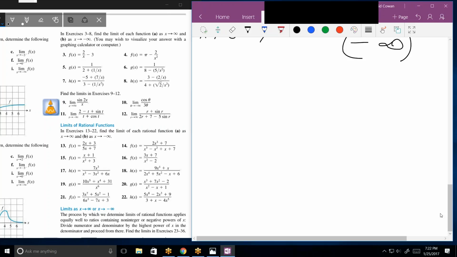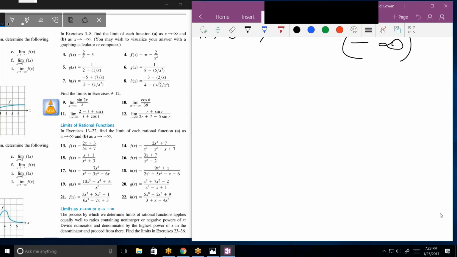In other words, it's not always exactly the same going to negative infinity as it is positive infinity. It has been on everything so far, because if the bottom is blowing up, then it doesn't matter whether we're going to negative infinity or positive infinity, the whole thing's going to zero. And plus zero is the same as minus zero. You see what I'm saying? Yes. Okay. I think I understand it.